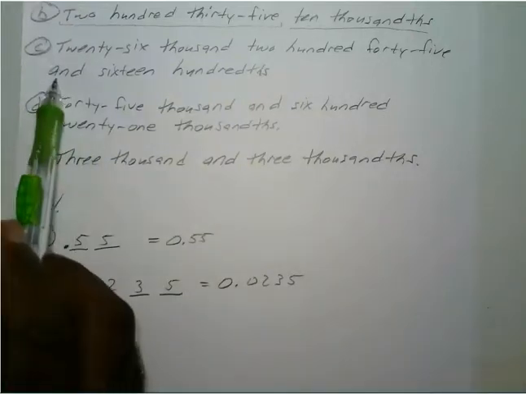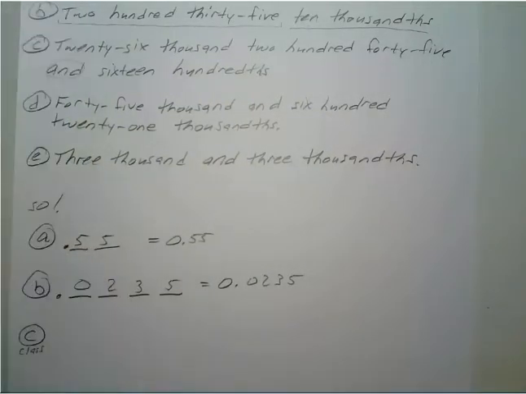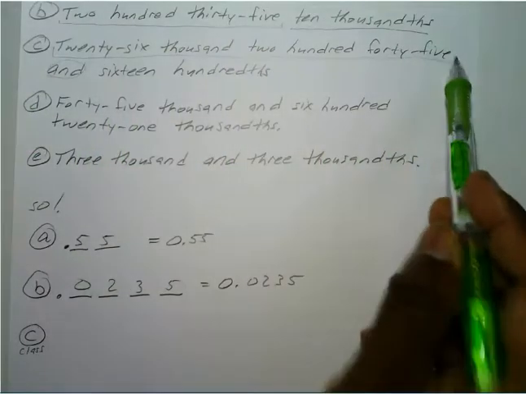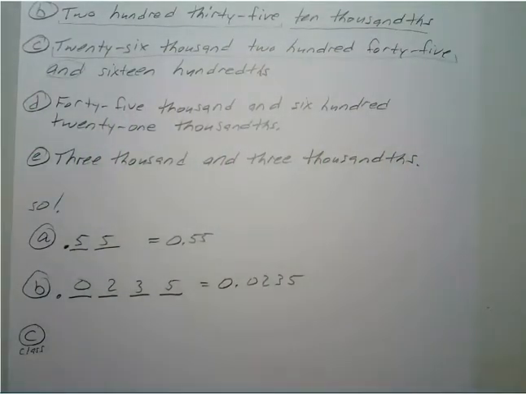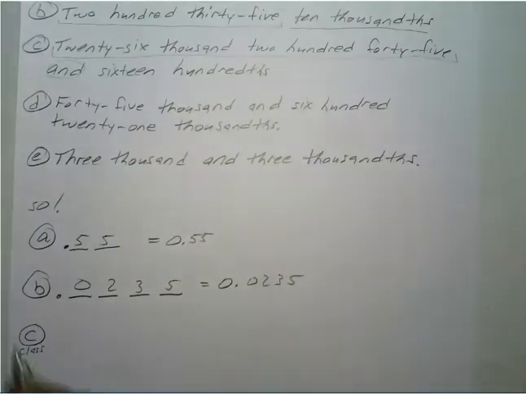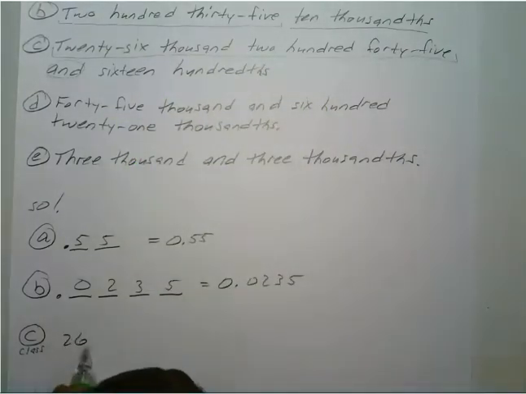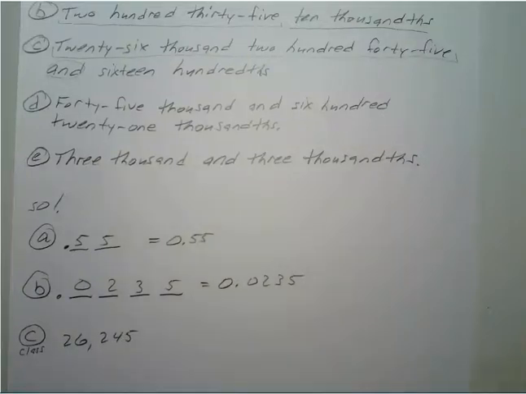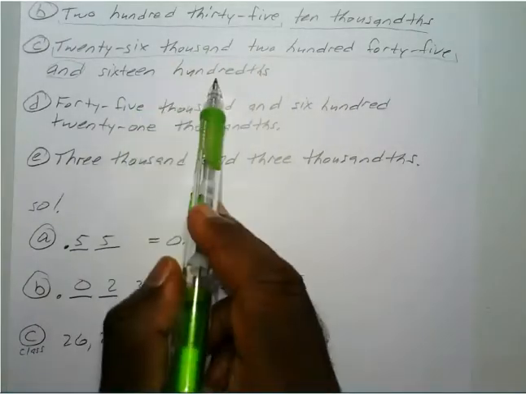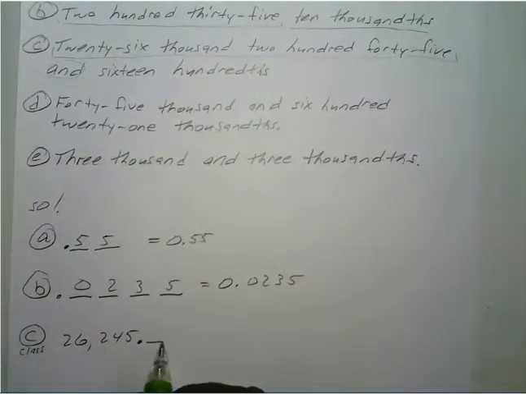Okay, now here's your AND. So we know everything before the AND is your whole number. So your whole number is going to be 26,245. That's everything to the left of the AND. Then you have your AND, which is your decimal, 16 hundredths. Okay, so tenths, hundredths.